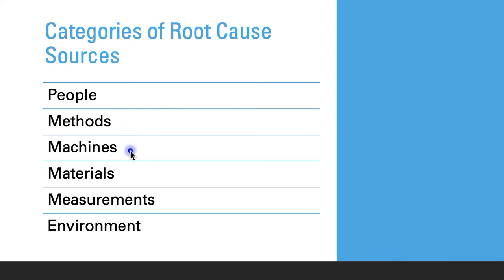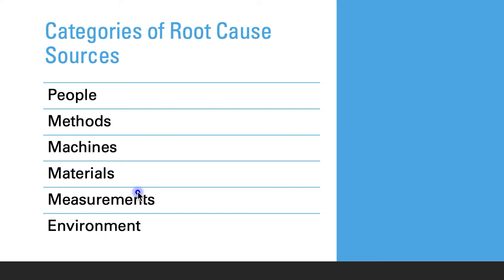Okay? Next category of root cause sources is also the machines, no? Lalo na kung we are in a manufacturing setup. Any piece of machinery, computers, tools, or equipment required to perform the work. So it's also a possible root cause source. Okay. Then next we have here the materials. These are inputs used to produce the product. This may include raw materials, parts, semi-finished goods, and paper.